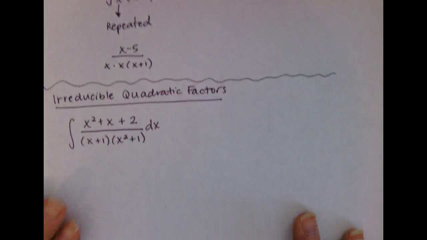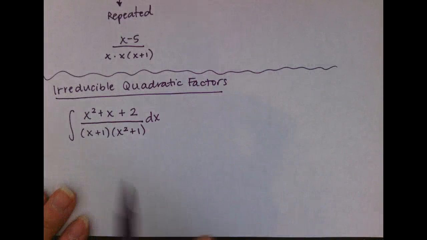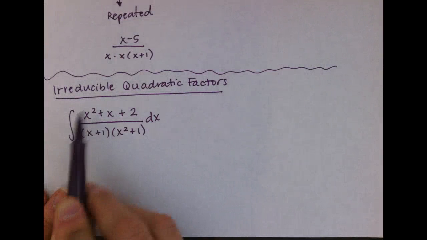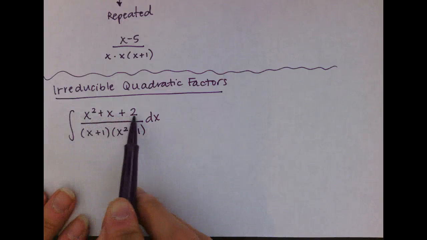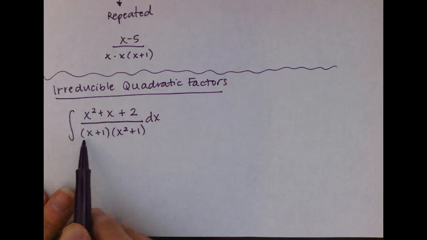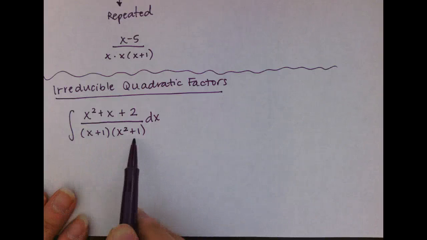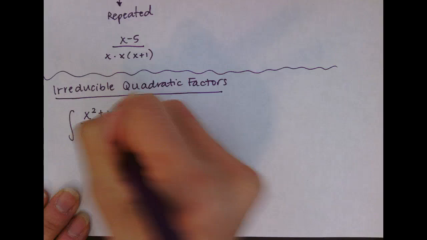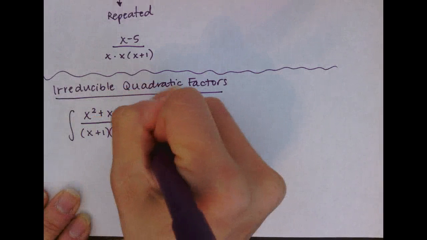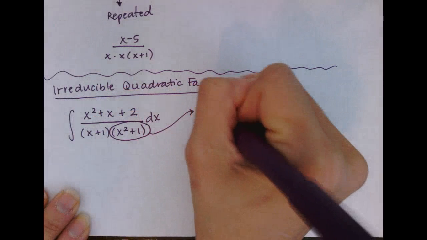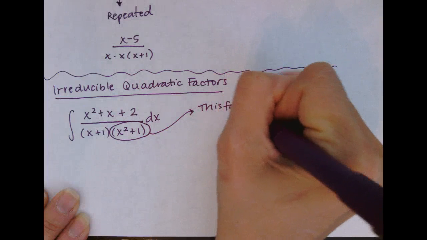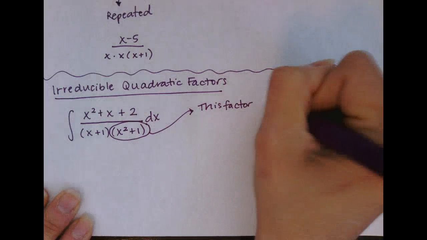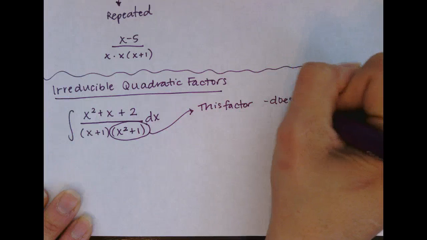Okay, so here we're integrating this rational expression with a quadratic numerator and actually a cubic denominator that's been factored for us. So this factor right here is the one that we want to focus on. This factor, first of all, doesn't factor more.